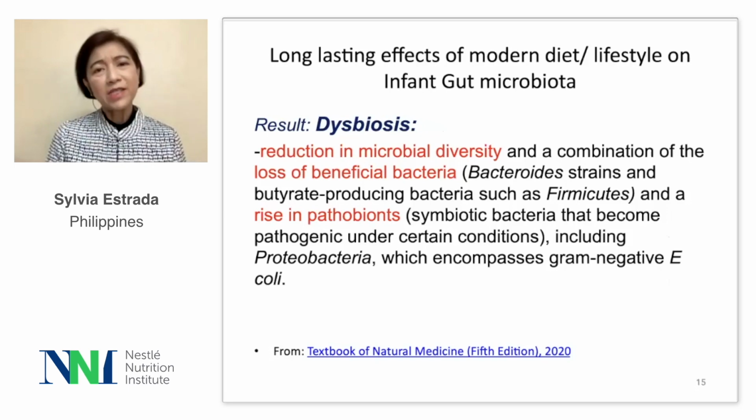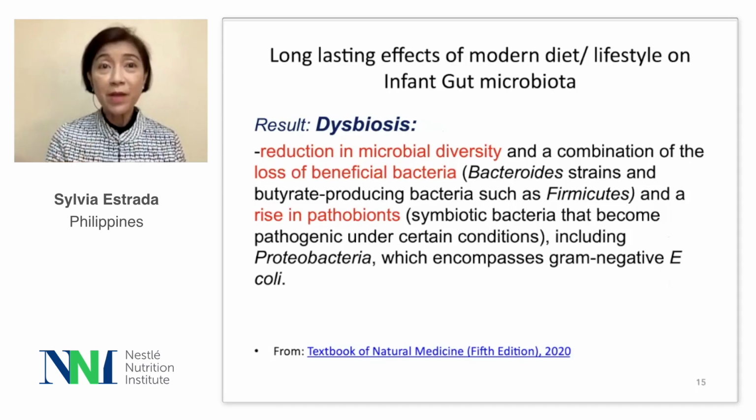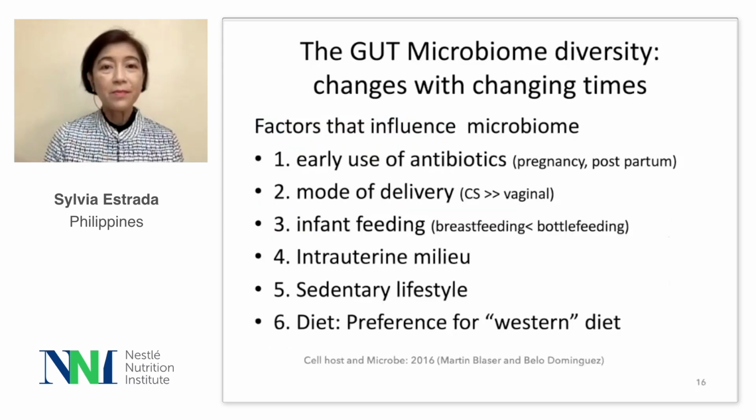So what are the long-lasting effects of our modern diet and modern lifestyle on our infant gut microbiota? One word: dysbiosis. Again, dysbiosis is a reduction in microbial diversity, a combination of the loss of beneficial bacteria and a rise of your pathobionts. The gut microbiome diversity is continually changing, be it due to adaptation or evolution.